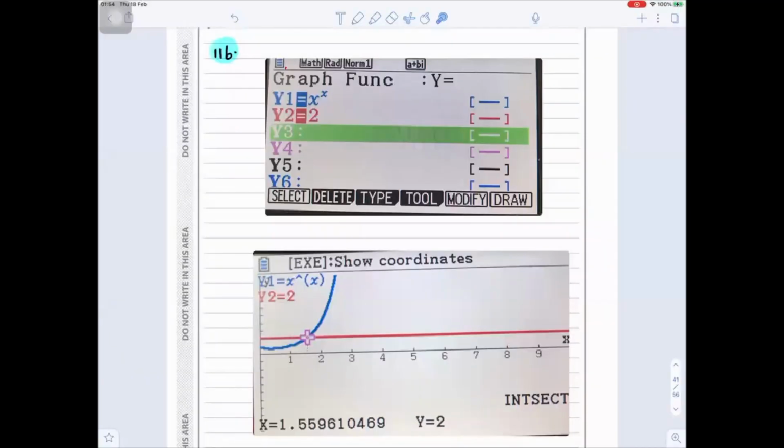And if you plot the graph of y equals x to the power x and the line y equals 2, you see where they meet at 1.559, and that line where y is 2. So that's where they meet. So that helps you to check your answer for question 11b.